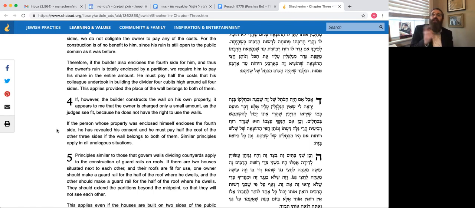But if you build the 4th wall, even if I didn't consent, you can bill me for all 4 walls. And the question is, how exactly could you bill me for giving me a benefit that I did not consent to? Seemingly that's not consistent with the general rule of the Talmud.